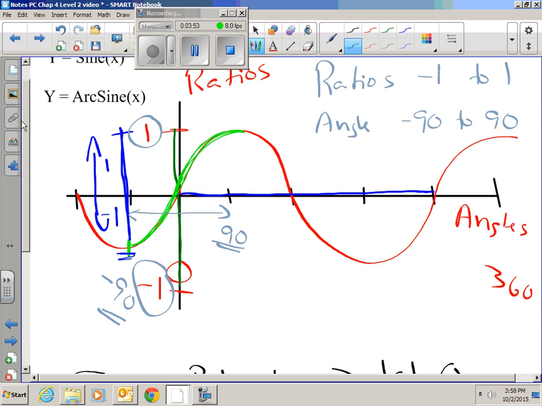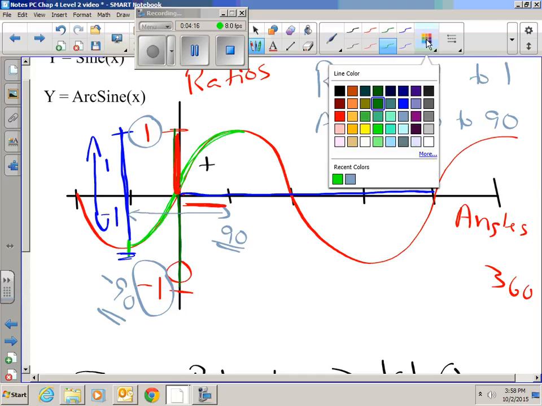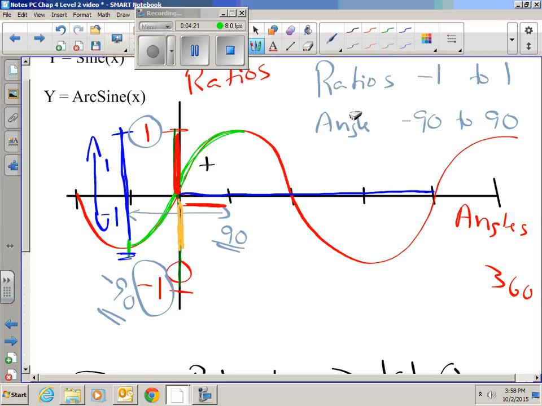Looking at our curve, if my input is a positive ratio, the output goes right here, 0 to 90 in the first quadrant. If my input is a negative ratio, 0 to -1, my output comes from right here, -90 to 0.